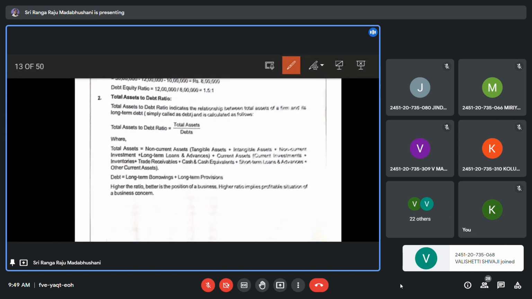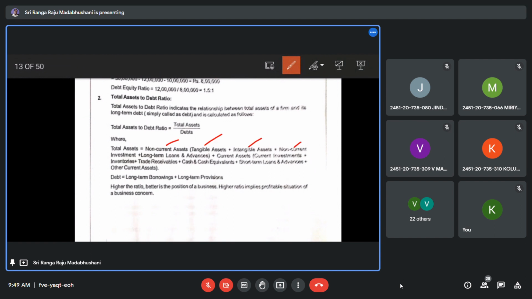So total assets include non-current, tangible, intangible assets, non-current investment, long-term loans and advances, current assets, current investments, inventories, trade receivable, cash, cash equivalents, all this we had seen. Long-term borrowings and long-term provisions, debt.